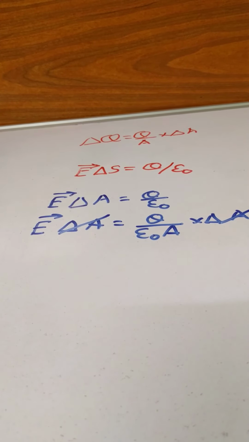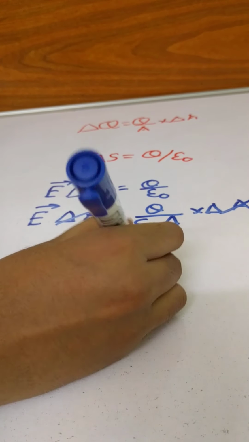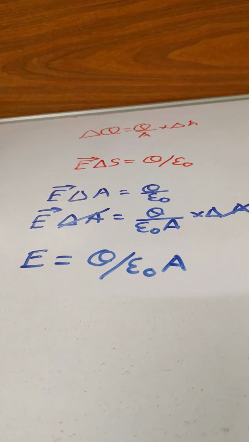So you got E equal to Q by epsilon naught A. This is a nice derivation.